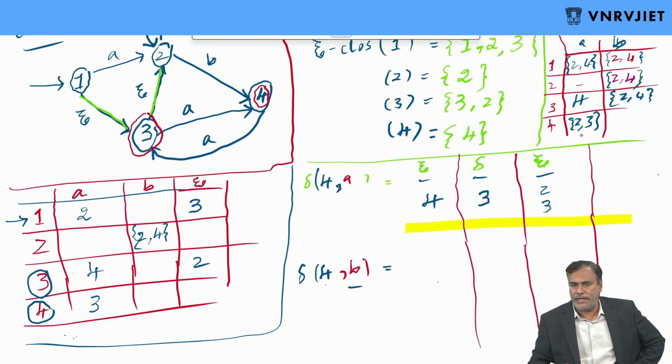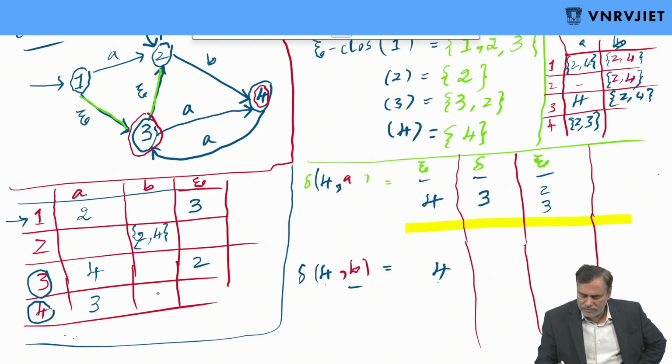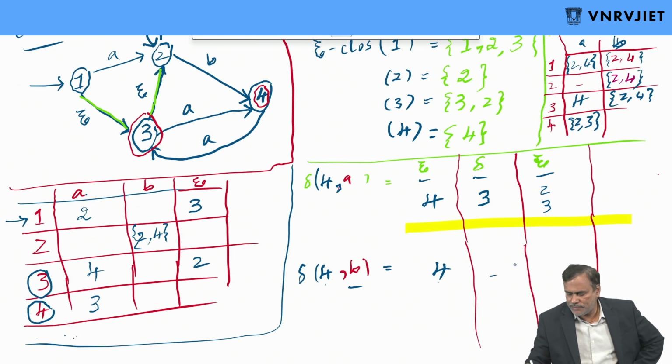In a similar fashion, you have to find, with respect to the input symbol B for state 4, delta of 4b. So we know epsilon, delta, epsilon. Epsilon closure of 4 is 4, we have found already. And then this time the input symbol is going to differ. So 4b. What is 4b? There is a blank. So epsilon closure of nothing is nothing itself. That is empty. So 4 on B, you are going to get it as blank.